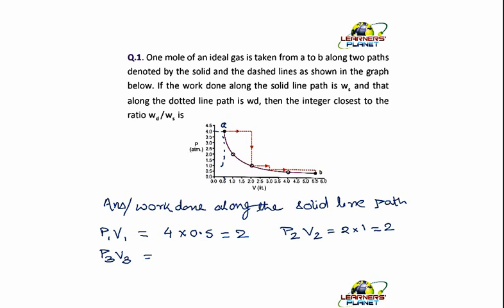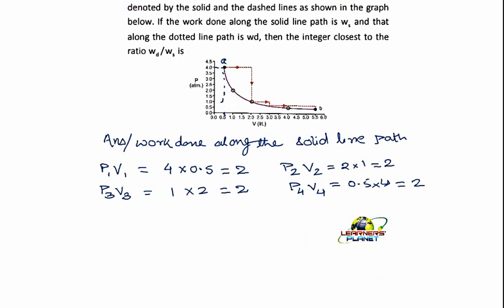Likewise, your P4 V4 is 0.5 multiplied by 4 and that is equal to 2. Now students, what are you getting here? That the product of pressure and volume is a constant, right? It means it is according to the Boyle's law.